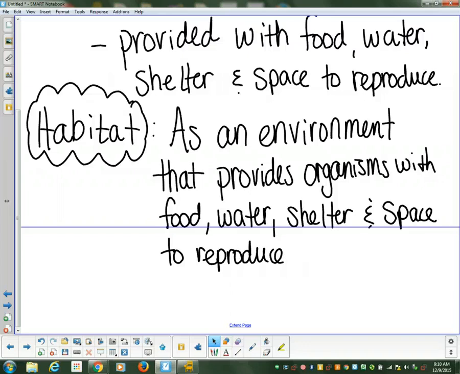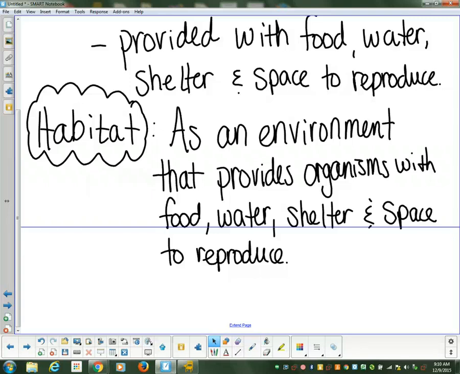Okay, so you should notice that there's a common theme. The organisms need food, water, shelter, and space, and a habitat is going to provide them with food, water, shelter, and space to reproduce. Okay, so that's the definition of a habitat.